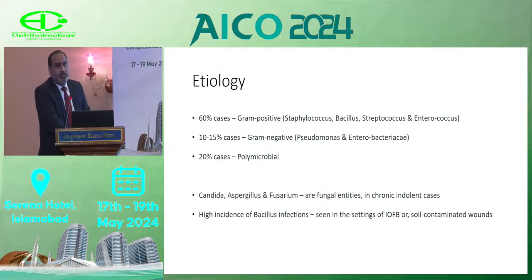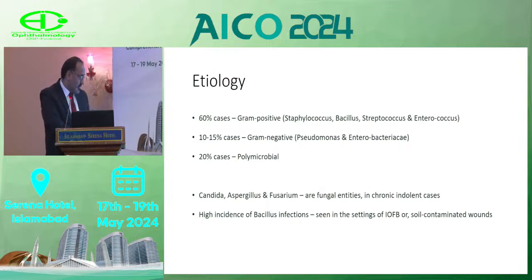About the etiology and the causative organisms, 60% of the traumatic endophthalmitis cases are caused by the gram-positive organisms: staphylococcus, bacillus, streptococcus, and enterococcus. About 10% are caused by gram-negative organisms, and the remaining 20% of the bacterial causes are polymicrobial.